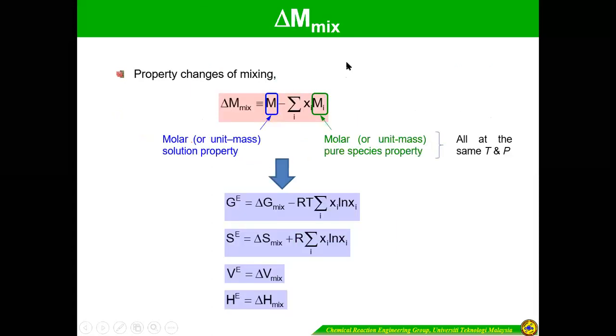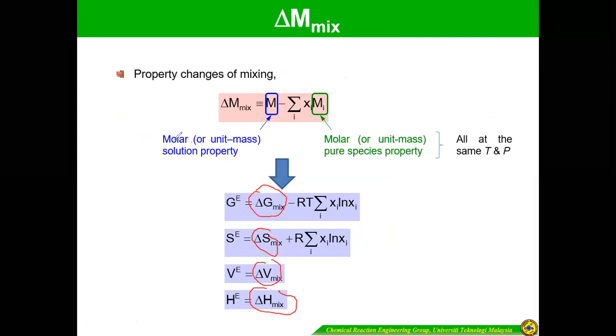Okay, so if you look at here, G equals delta G mix, okay, mixed already, delta S mix, delta V mix, as well as delta H mix. This is for excess Gibbs energy of mixing minus RT sum of xi log xi. This one is for excess Gibbs energy, as well as for excess entropy, volume, and enthalpy.